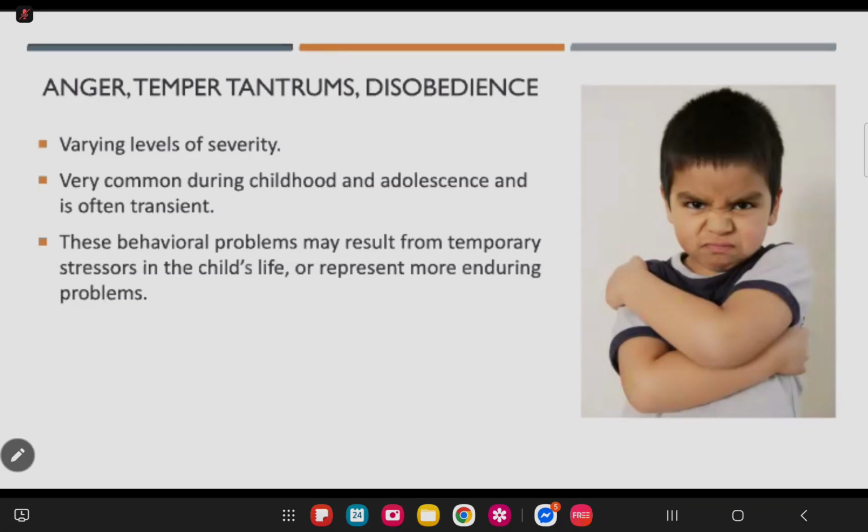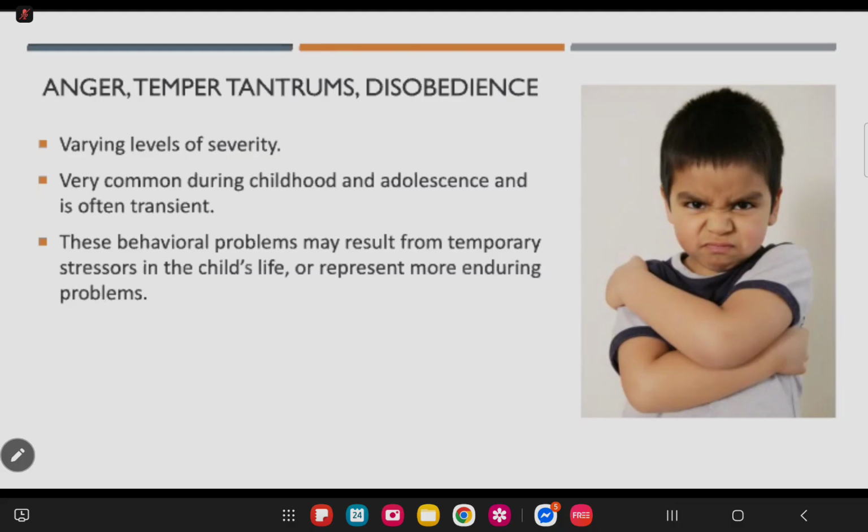Some children and adolescents exhibit extreme difficulty and challenging behavior that is outside the norm of their age. I say this is transient because it results from temporary stressors in the child's life, or it may also represent a more enduring problem. Some children who have difficulty obeying at an earlier age actually develop into oppositional defiant disorder.